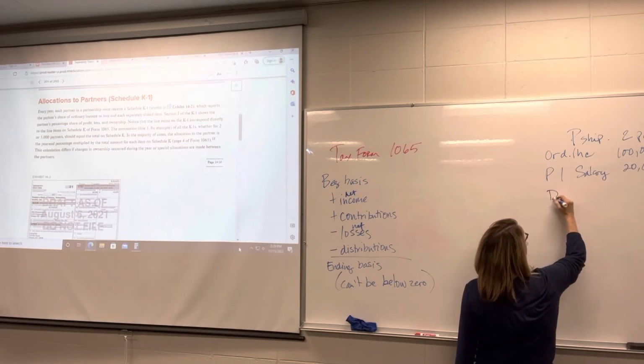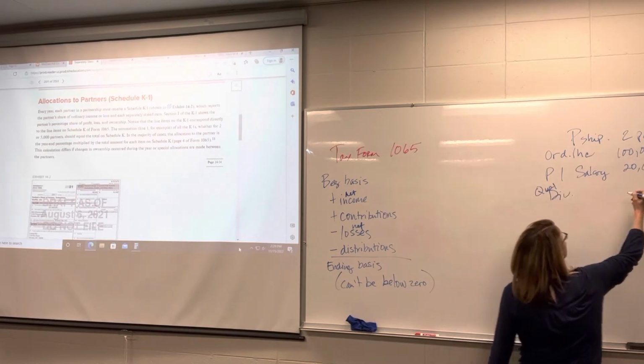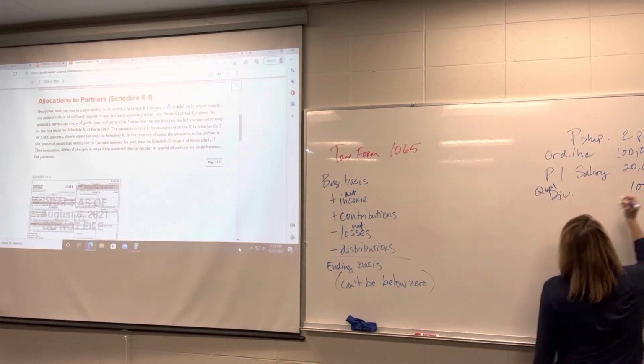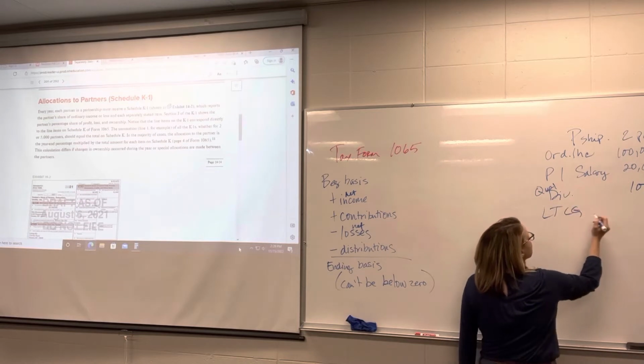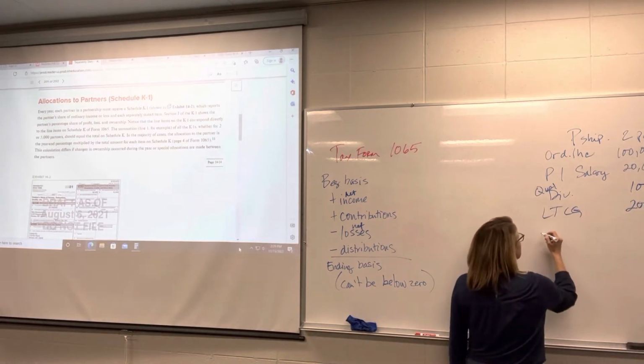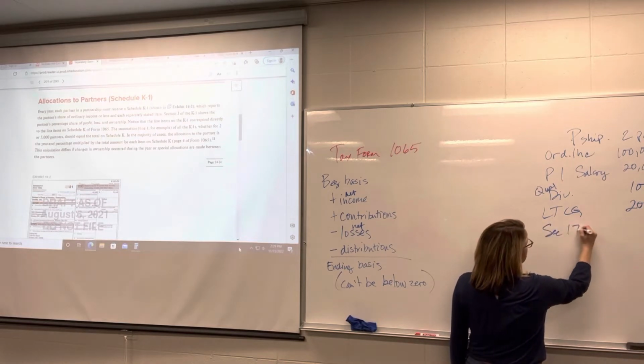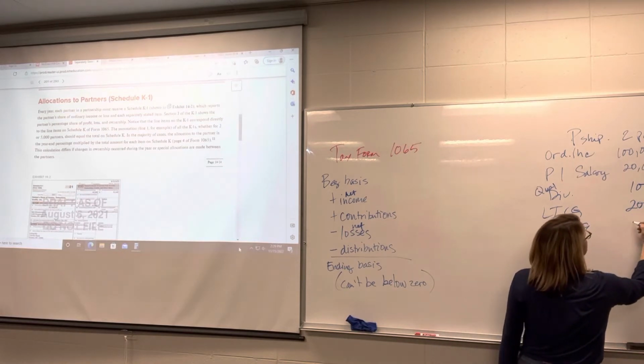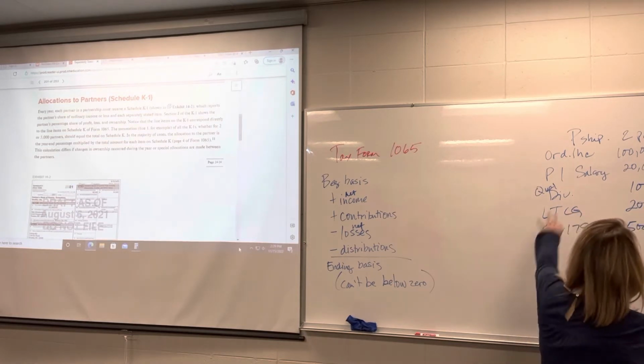And then we have qualified dividends of 1,000. We have long-term capital gains of 2,000. And we have section 179 of 5,000. Okay, so this is for the partnership.